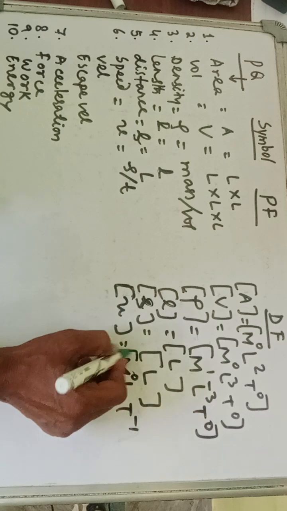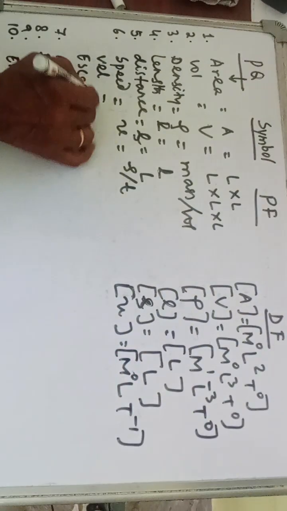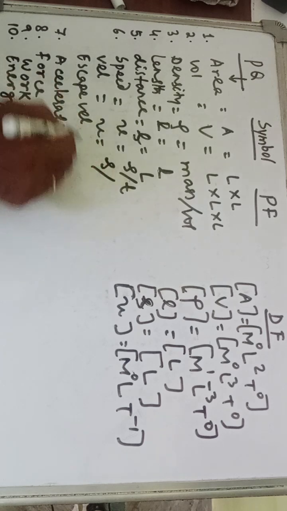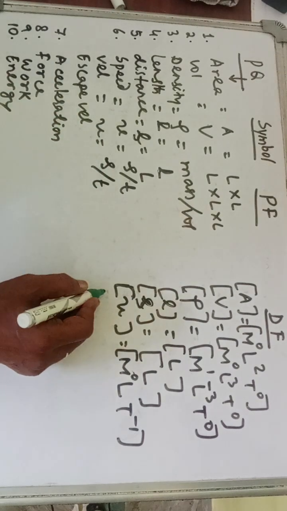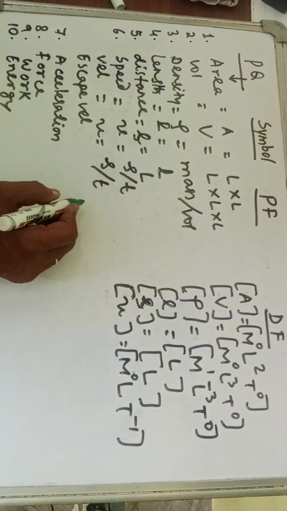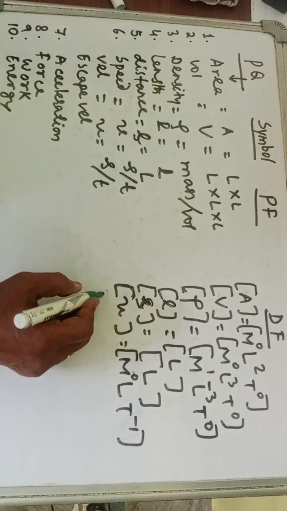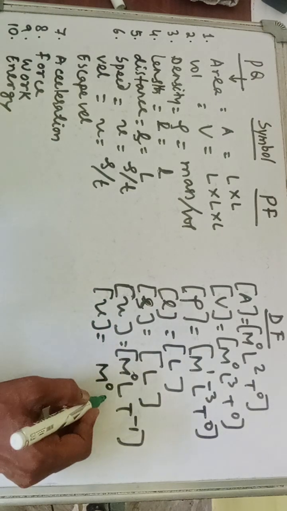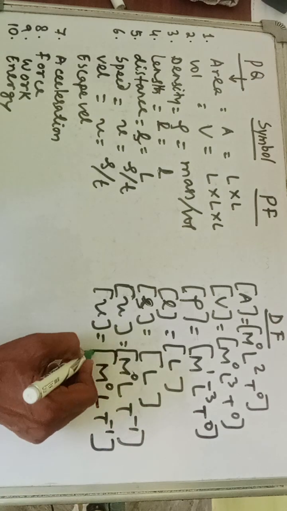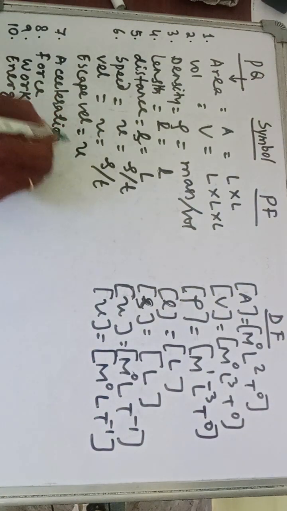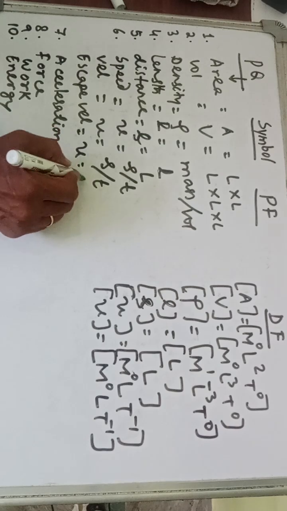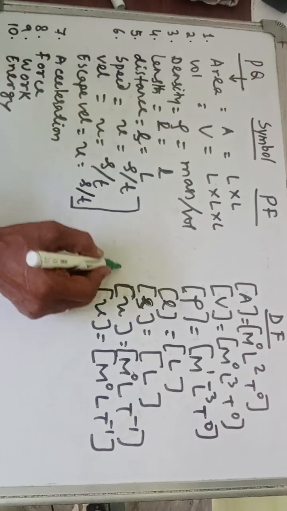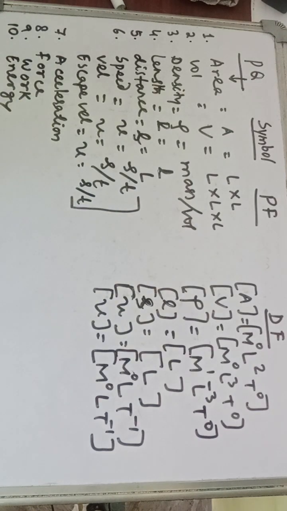In that case, M is 0. In velocity, displacement by time. Displacement is the shortest distance, hence velocity dimension is again M0 L T minus 1. Escape velocity also is a velocity, it has same dimension. These three have same dimension: speed, velocity, escape velocity.